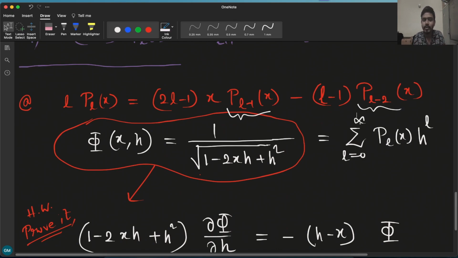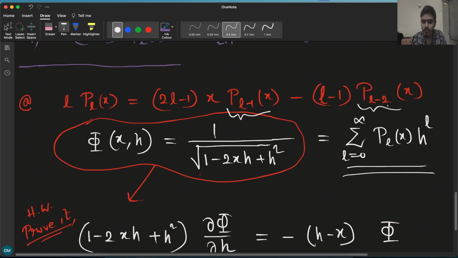So if I try to derive this recurrence relation from this generating function, then we need to deal with series expansions with respect to h, and we need to compare the powers of h to the power l. Here the indices l minus 1, l minus 2 instead of P_l are changing.